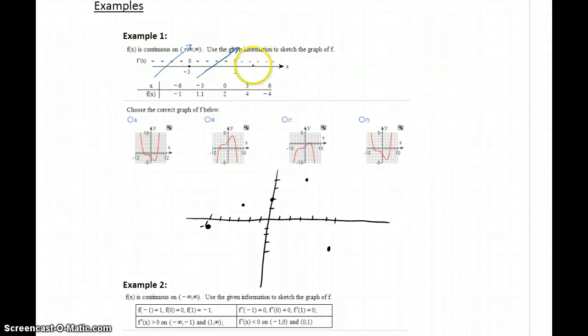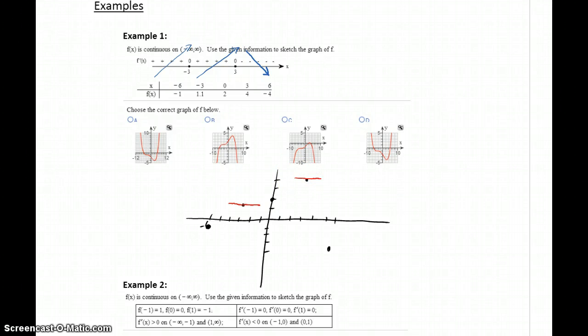And from 3 to infinity, our function is decreasing. We also know that at -3 and 3, our tangent line should be horizontal just at that instant. So at -3, the tangent line is horizontal, meaning our graph is going to level out for a second there. And the same thing is going to happen at x equals 3.